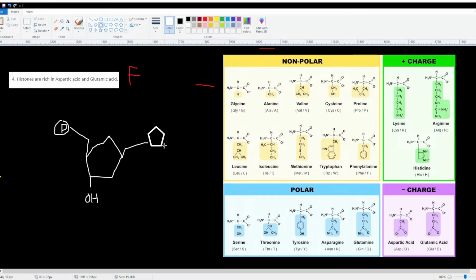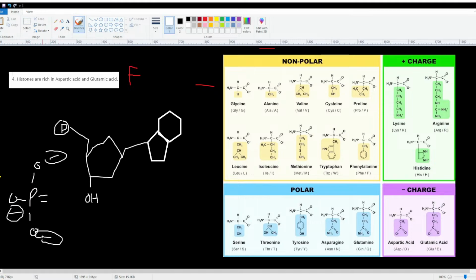Yeah, not super great, but it'll have to do. So this is like a basic nucleotide. So now this is going to be a phosphate group. So what does the phosphate group look like? By itself, the phosphate group looks like this, right? So these are all negative charges.